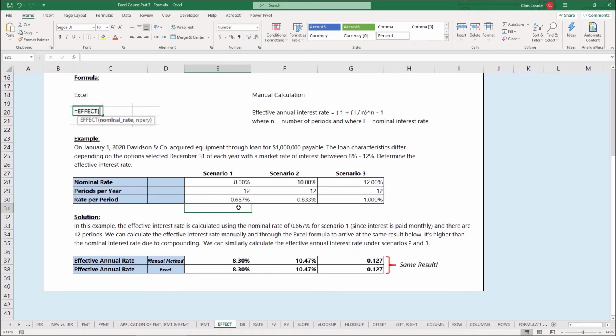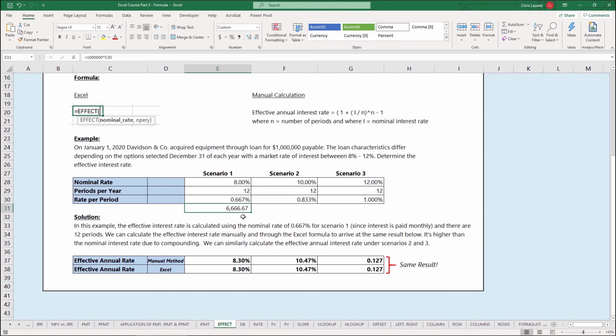We have a $1 million loan, so if I type in $1 million and we multiply that by 0.667%, we can see that the interest in period 1 is equal to $6,666.66.